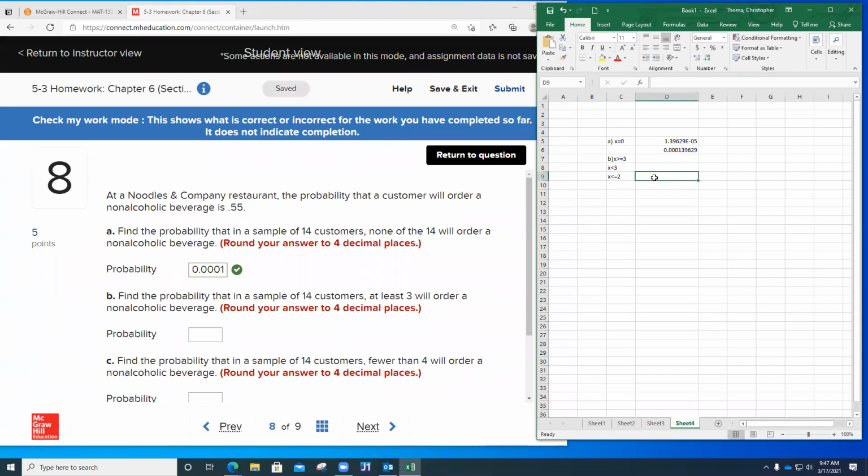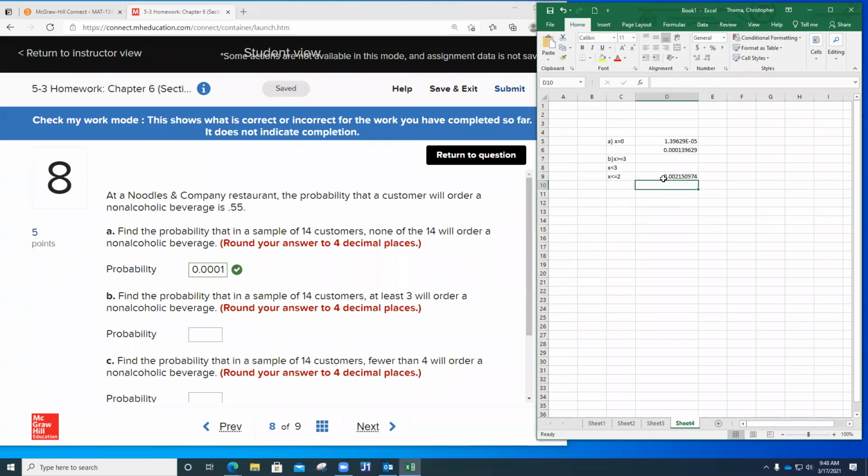And so now that I have this, I can solve this. So this is equals binomial.dist. Again, now my number of successes is 2. My trials is 14. My probability of success is 0.55. And now, because it is less than or equal to, I put in a comma, 1 or true. I'm just going to put a 1. You can see it highlights the true.